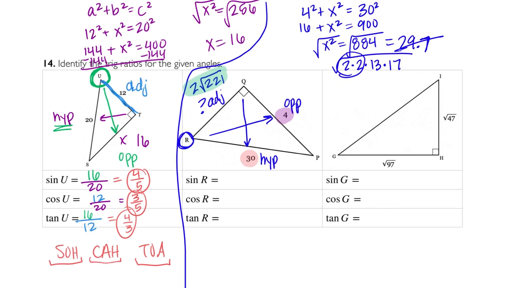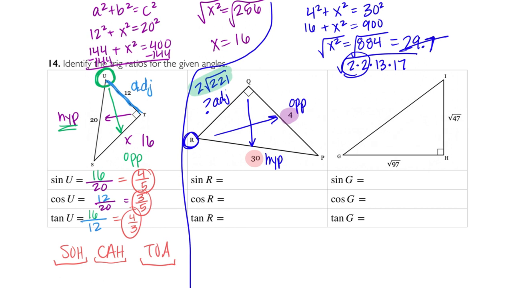So sine is going to be 4 over 30, and we can reduce that to 2 over 15. Cosine means adjacent over hypotenuse, so that's 2 root 221 over 30. So the 2 and the 30 can reduce, and that makes it 1 root 221 over 15.